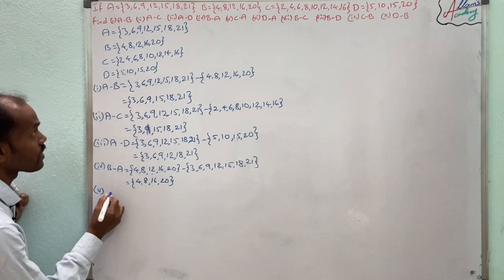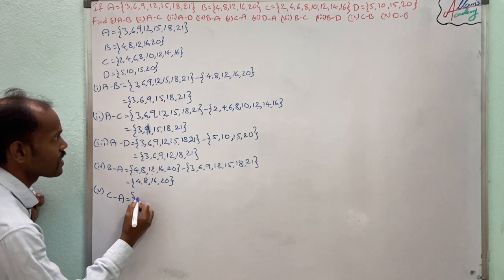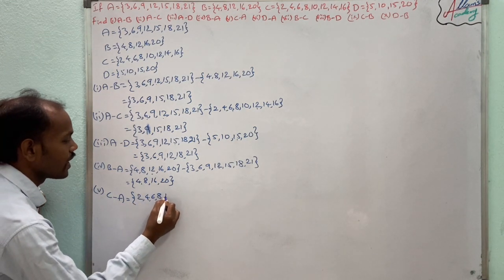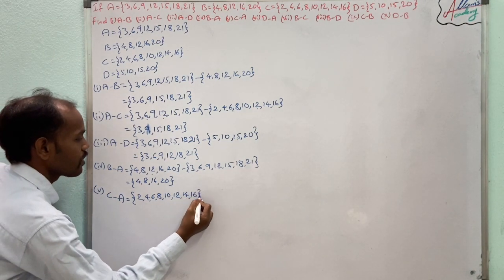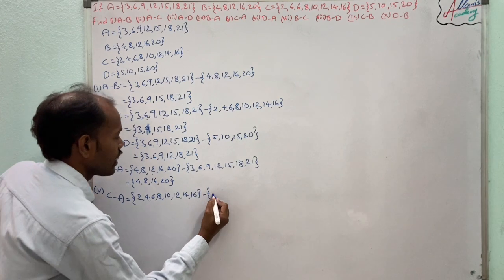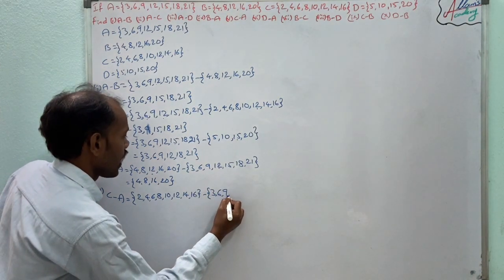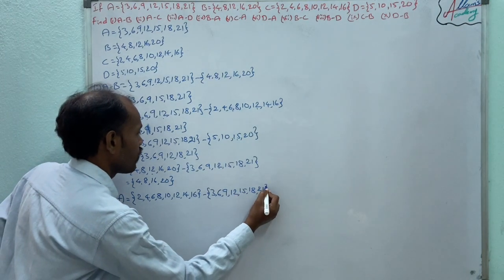And the fifth answer is C minus A. The set C is 2, 4, 6, 8, 10, 12, 14, 16 minus the set A, 3, 6, 9, 12, 15, 18 and 21.